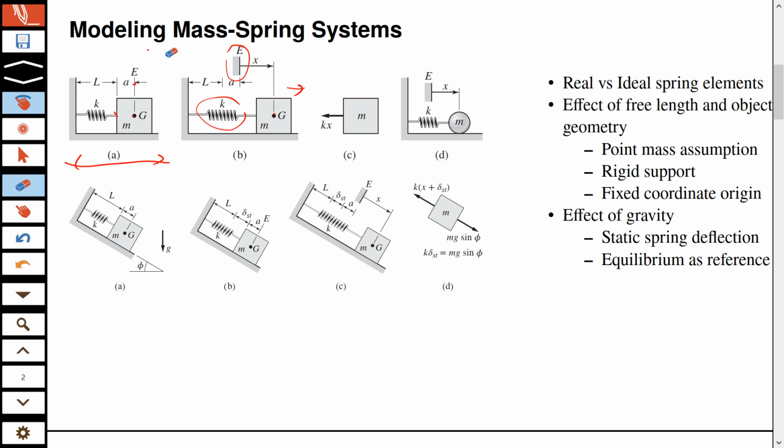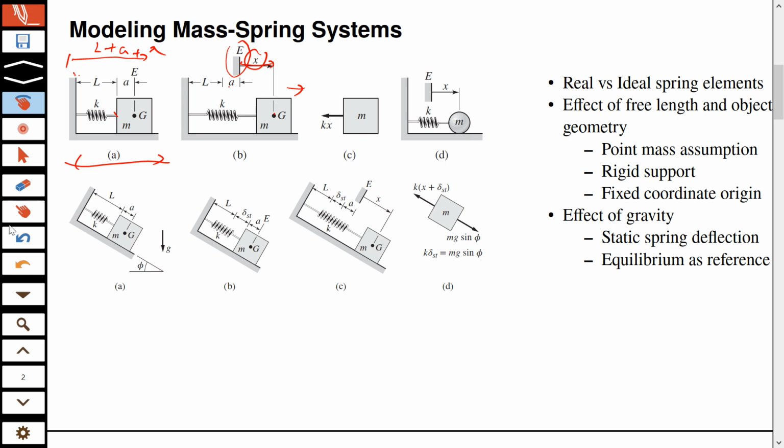So E only tells you that you are measuring the deflection of the spring from the equilibrium, and not from this point. If you measure it from this point, then it will be L plus A plus X. This X has to be added to A and L, and that will be your displacement.